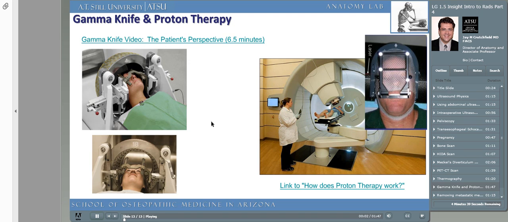Now we move into the very high-tech areas of radiation oncology and radiation physics. Two types of radiation can be used to treat cancer. These are not per se imaging modalities, but are rather treatments. Gamma knife therapy uses focused beams of radiation to treat cancer.